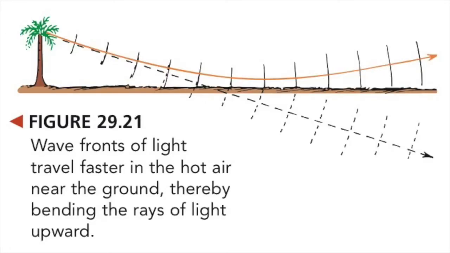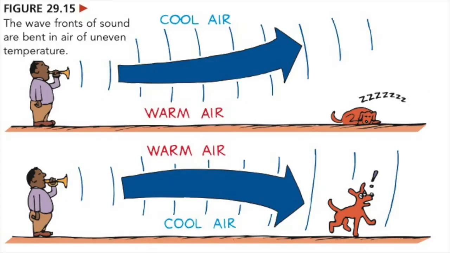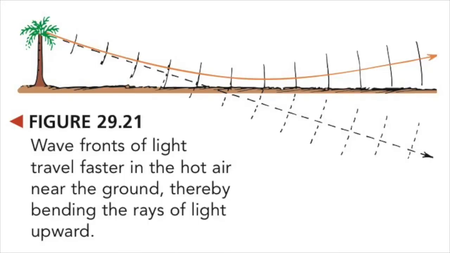Wavefronts of light are shown in figure 29.21. The refraction of light in air, in this case, is very much like the refraction of sound in figure 29.15. Undeflected wavefronts would travel at one speed and in the direction shown by the broken lines. Their greater speed near the ground, however, causes the light ray to bend upward as shown.